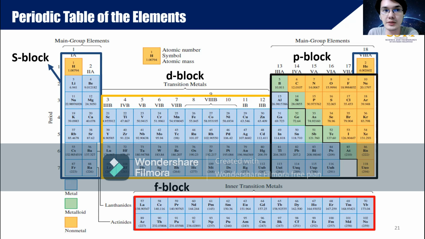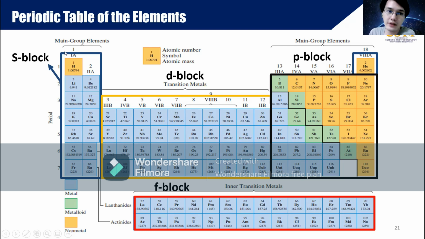So we have here the periodic table of elements. The table is arranged in such a way that elements that belong to a particular group have the same properties.